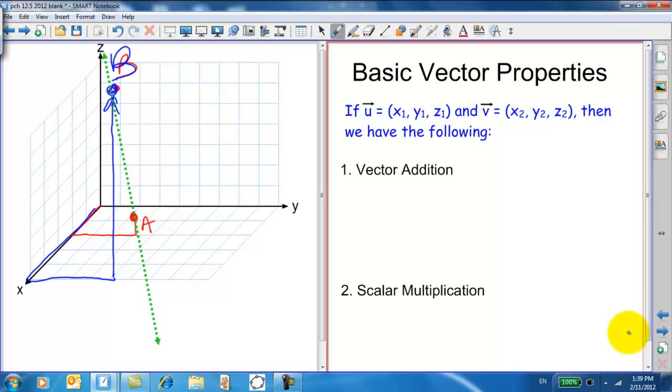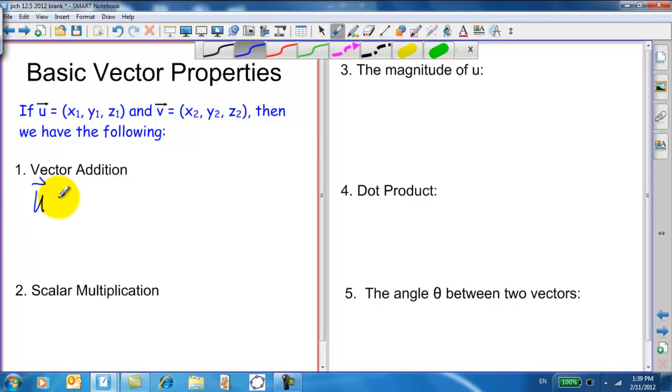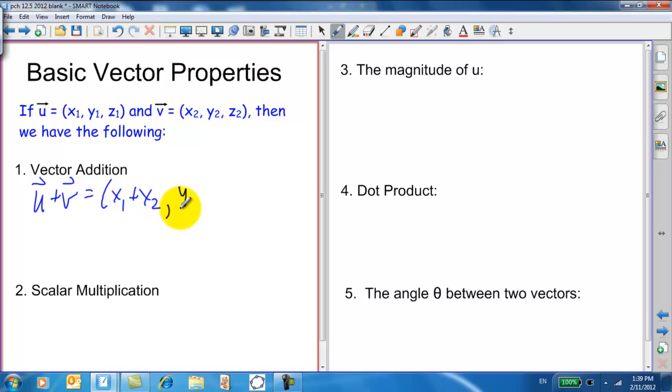Now, basic vector properties. If you've got two vectors, then we have the following properties. Vector addition, u plus v, it's just going to be adding up the corresponding parts: x1 plus x2, y1 plus y2, z1 plus z2.